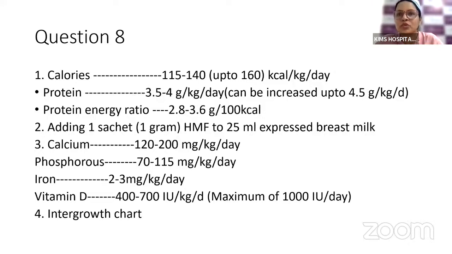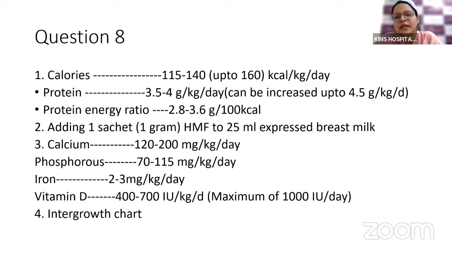So the net intake comes to 81 kilocalories per 100 ml. So when we are giving 200 ml per kg per day, automatically the calorie intake will be 81 times 2, which would be 160 or 162 kilocalories per kg per day, which is a little better than what is expected to be provided as per ESPGHAN 2022.